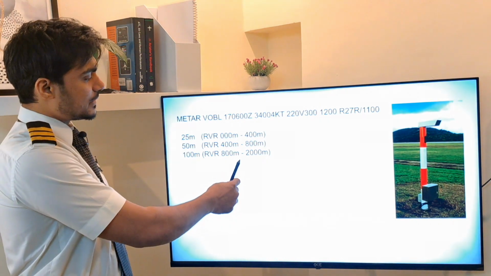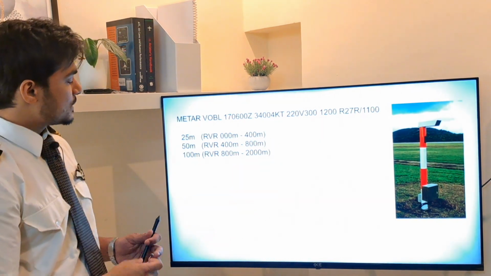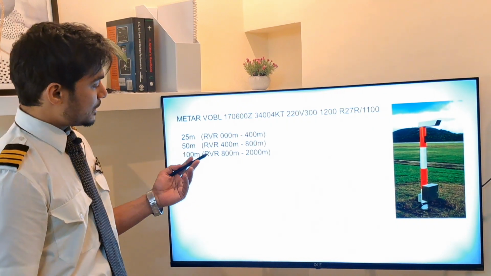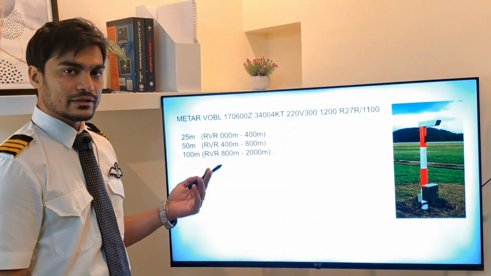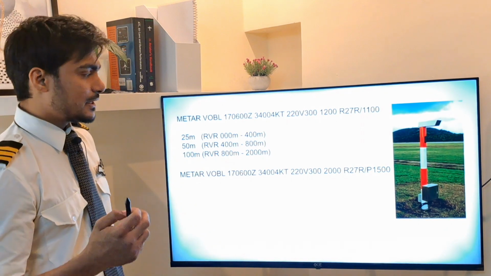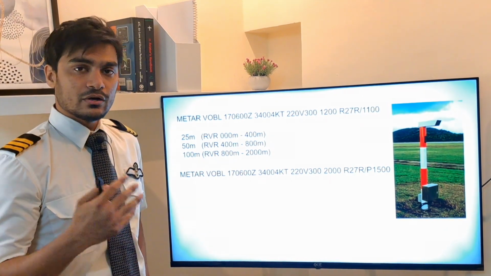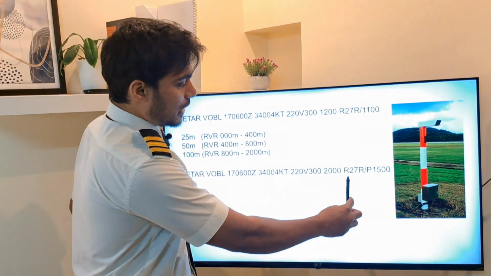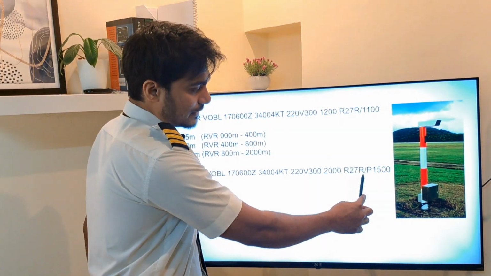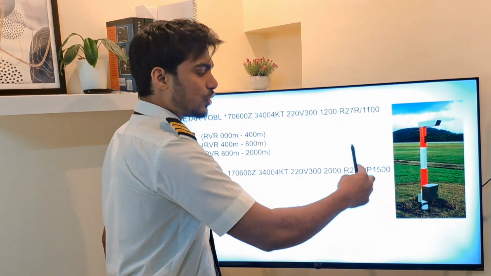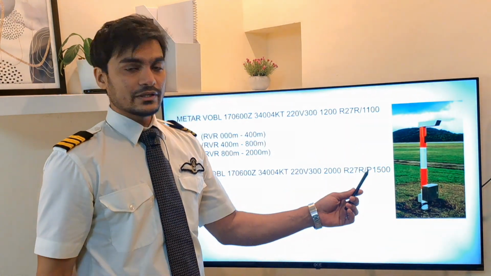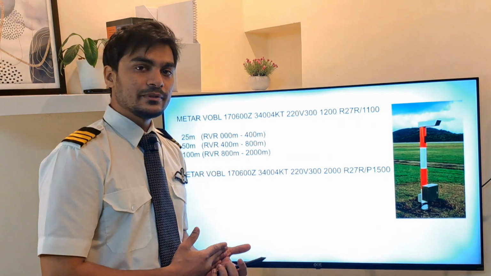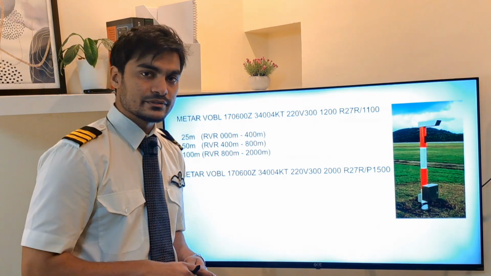Then from 800 meters up to 2000 meters, it is denoted at an interval of 100 meters, like 800, 900, 1000, 1100 and so on. Anytime your RVR is beyond 1500 meters, it is always denoted with the letter P. So RVR for runway 27 right, P1500. This signifies your RVR is either at 1500 meters or beyond 1500 meters.